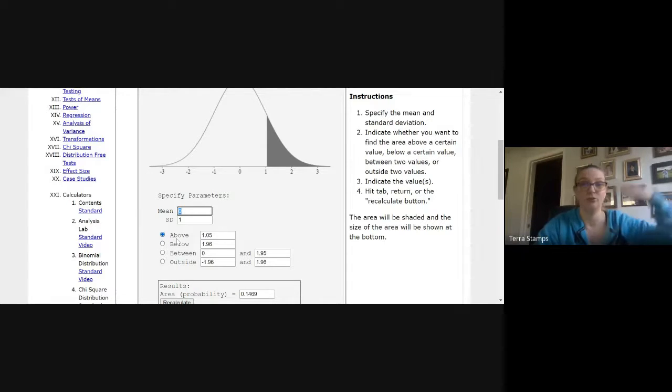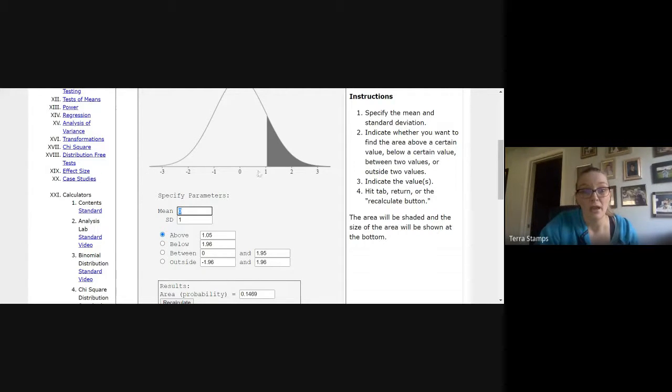If it's asking you for the above or to the right of, the below or to the left of, or the between. Now, you can actually put in the exact numbers or the z values. If you're going to use the 0 and 1 here, you can just use the z values. But on that one, that's a word problem where it says, how many tires are expected to be between 30,000 and 38,000 miles. You can actually put those numbers in there. You don't have to find the z values for that.